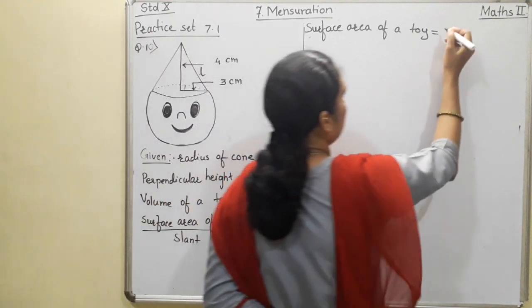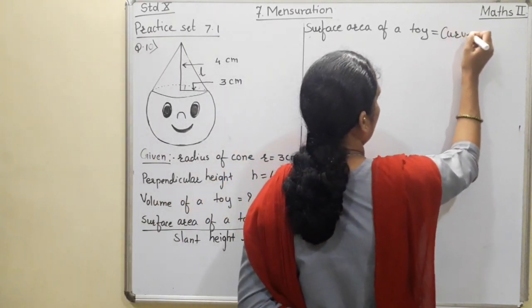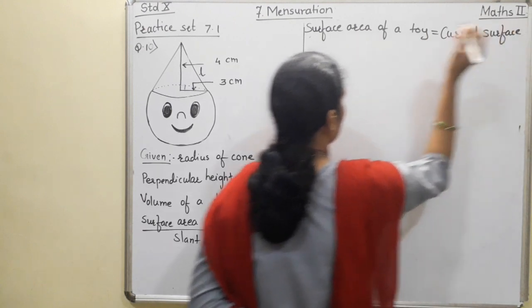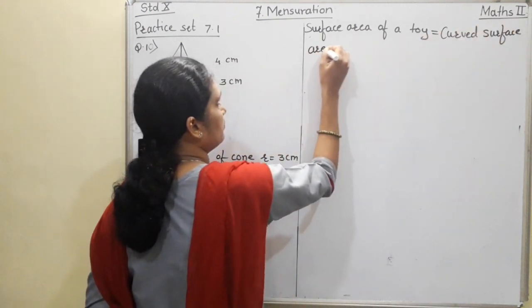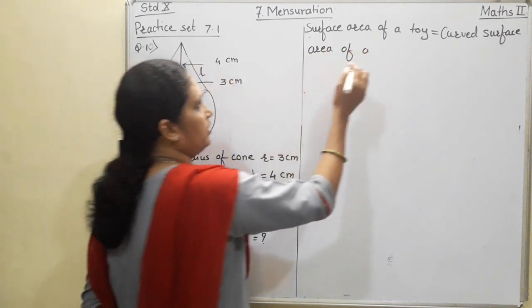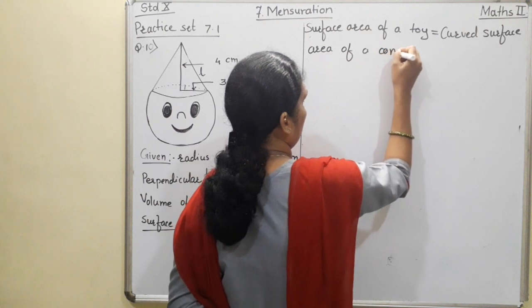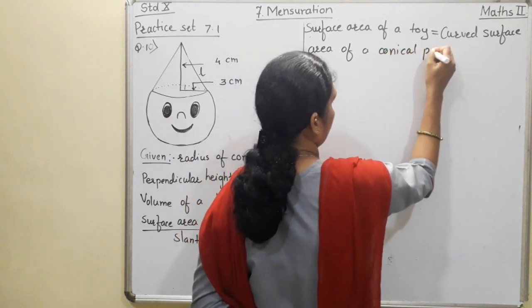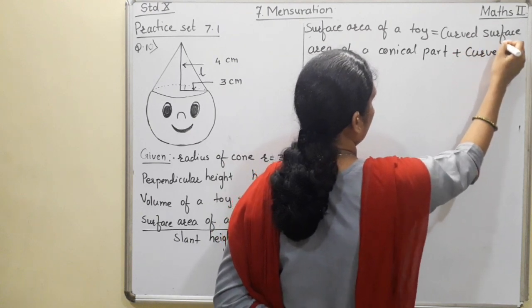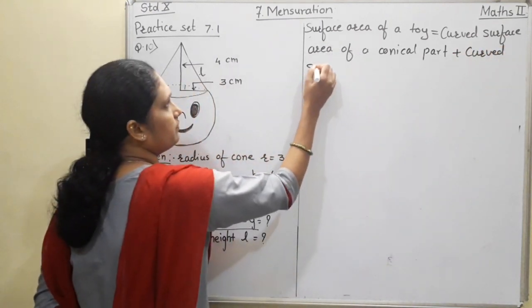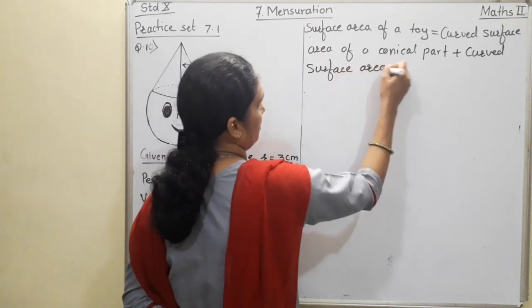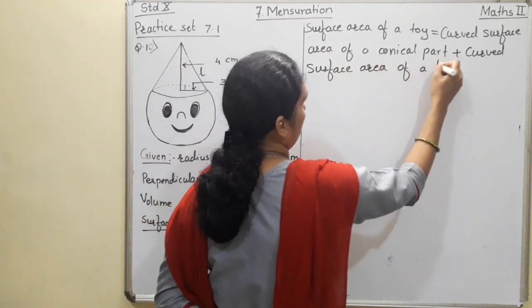So we'll write curved surface area of a conical part, plus, now the down part is a hemisphere, so curved surface area of a hemisphere.